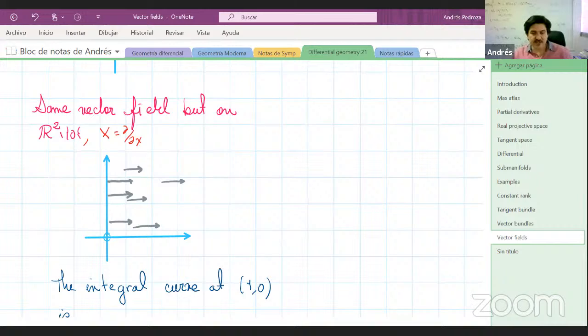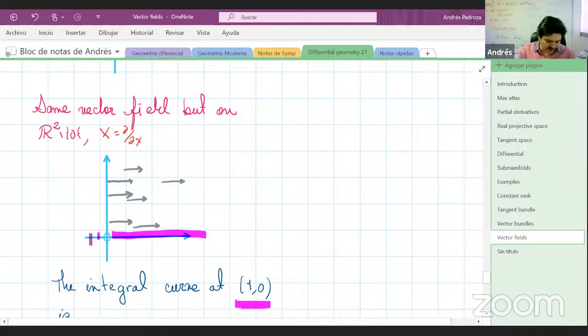The only difference is when our base point is either here or here. We have to be careful there. For the other points, the same argument works. So I decided to take 1, 0, which is somewhere here.